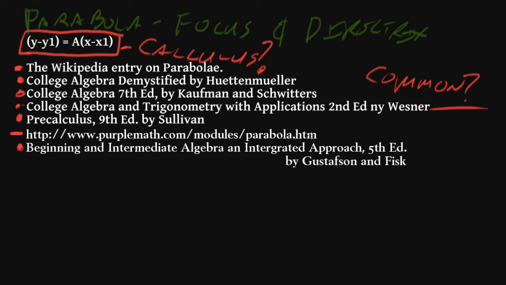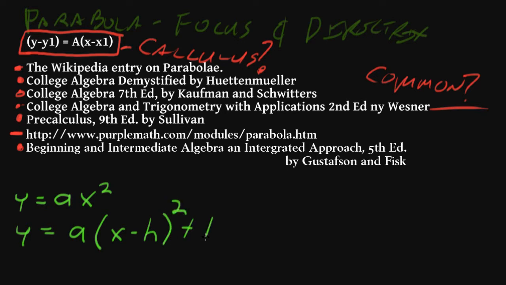The two ways that I do see this equation very, very commonly are y equals ax squared, which is then derived to y equals a times x minus h, all that squared, plus k.